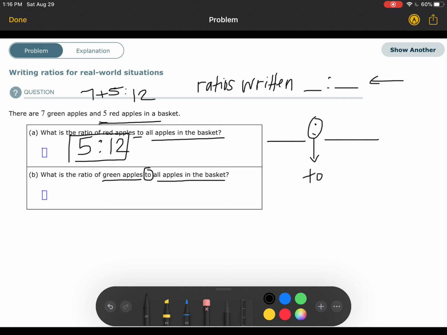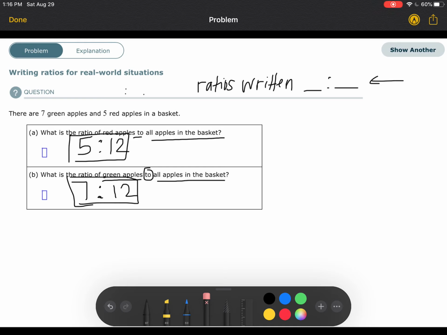Now, for the second one, for B, it says, what is the ratio of green apples to all the apples in the basket? So you can set it up, make sure you put your ratio thing there, and it says green apples. Okay, well, how many green apples are there? There are 7. And then to all the apples in the basket. Well, all the apples in the basket, again, is 12. Okay, now, these questions aren't always going to be specifically like this.